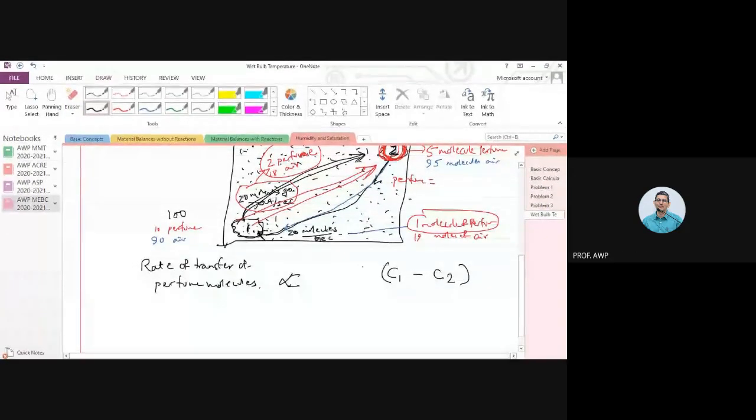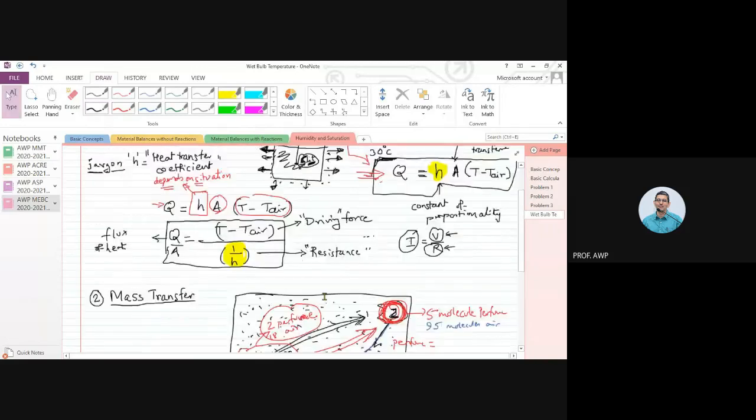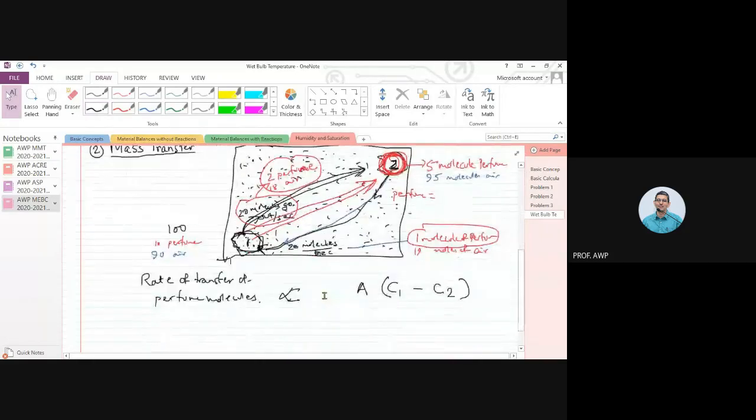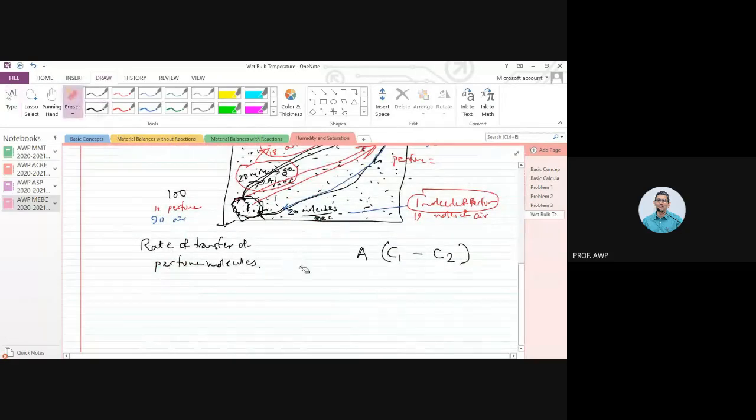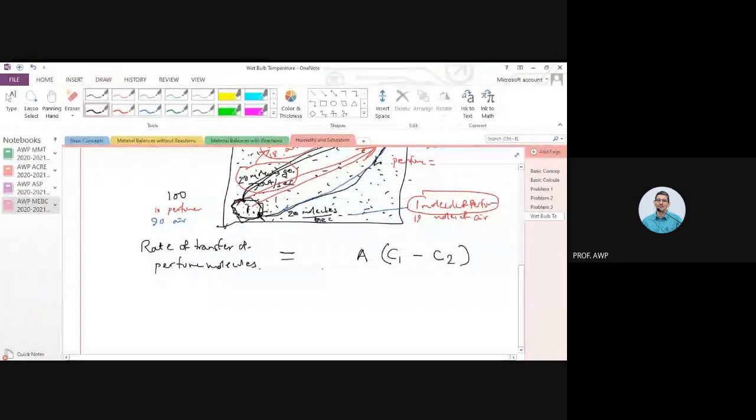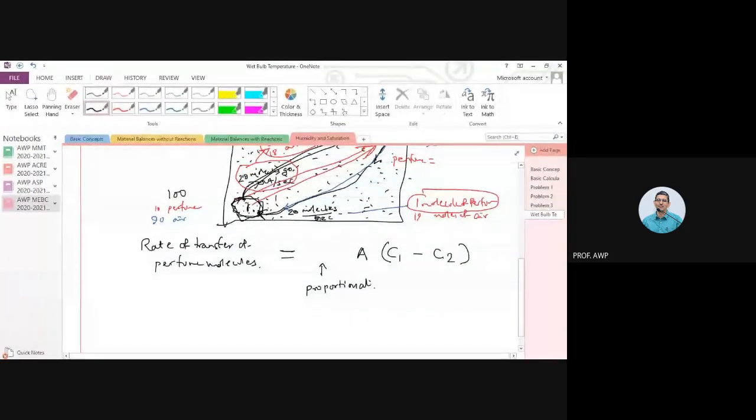Same way, it will be proportional to the area of this control volume. Let's not worry about what this control volume is just now, but same way as heat transfer, it will be proportional to the area, and the proportionality constant, what do you want to call this proportionality constant now?